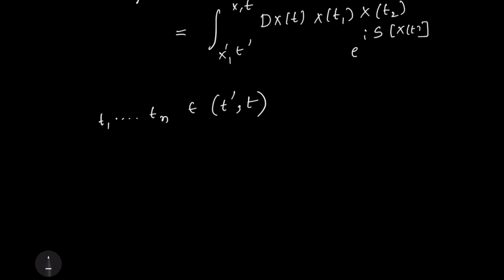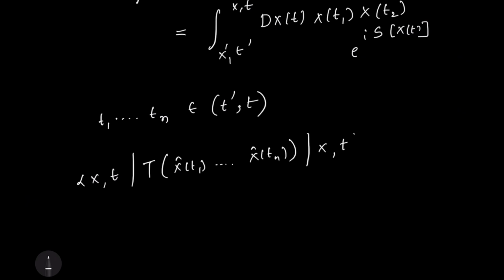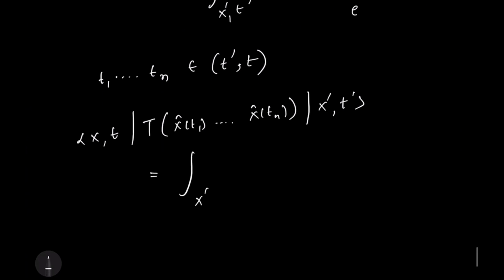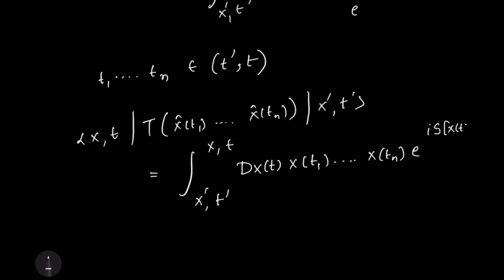I can write x t time ordering of x of t1 up to x of tn x prime t prime is equal to integral x prime t prime x t dx of t x of t1, right? The eigenvalues up to x of tn e raised to is x of t.